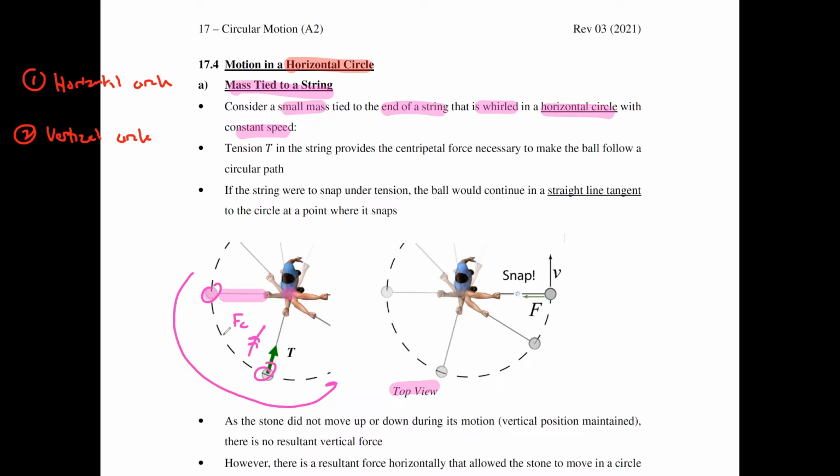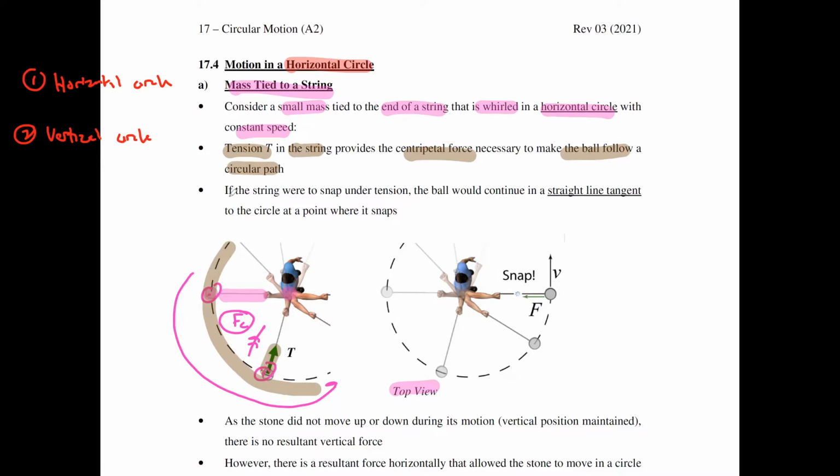But what actually provided the centripetal force? In the case described here, it is the tension in the string that provided the centripetal force to make the ball follow a circular path.